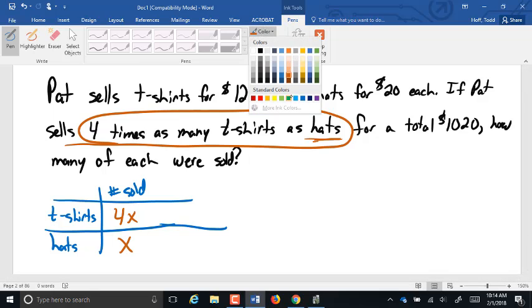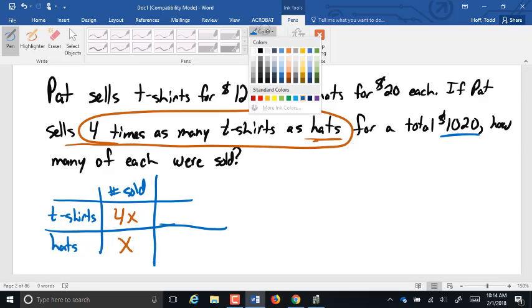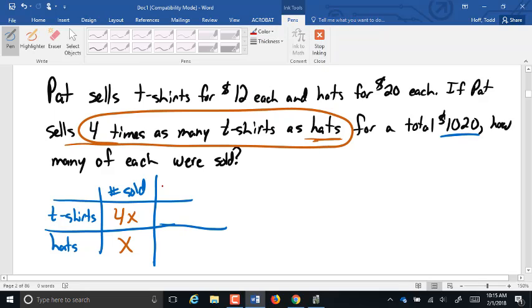Now, unfortunately here, we're not given the total number sold, we're given a dollar amount. So now we go back, remember that first problem we looked at, we said that the price times the number sold equals the total dollar sales.